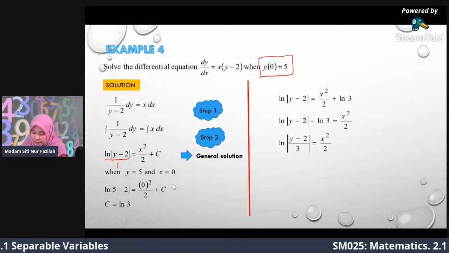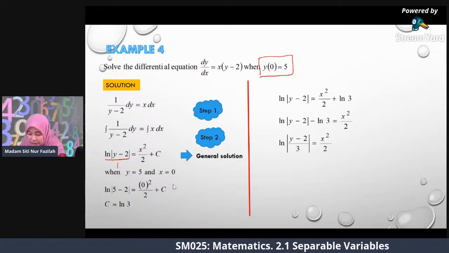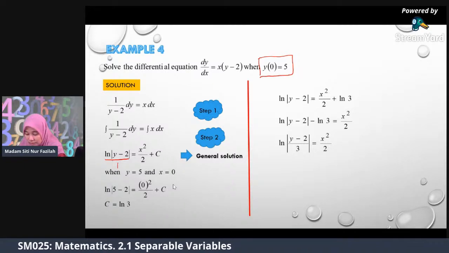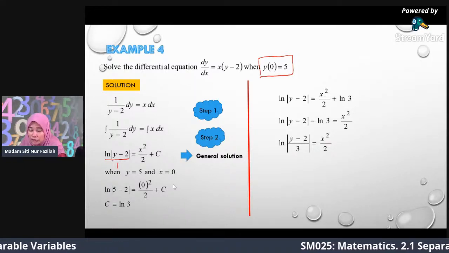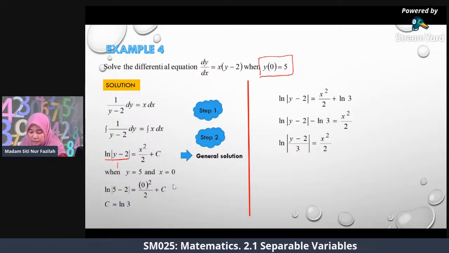We substitute the value of C into the general solution. The equation is ln absolute value of y minus 2 equals x squared over 2 plus ln 3.